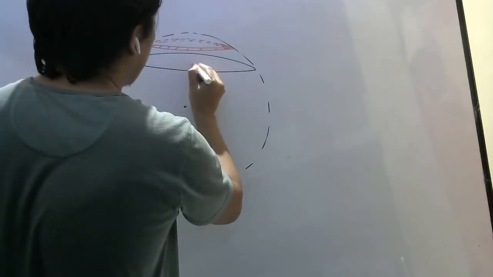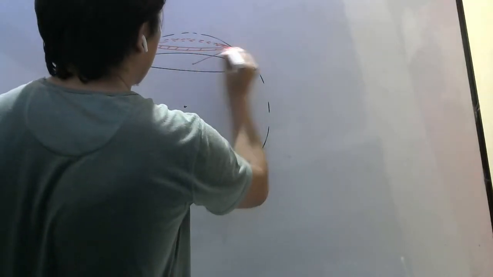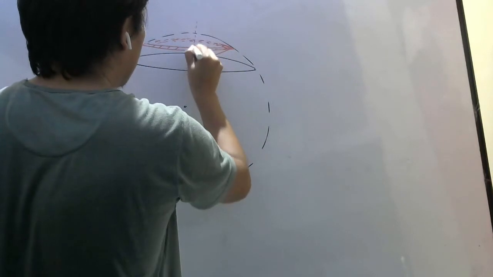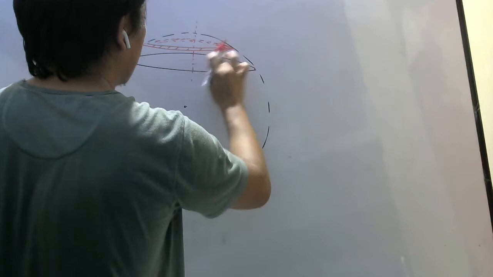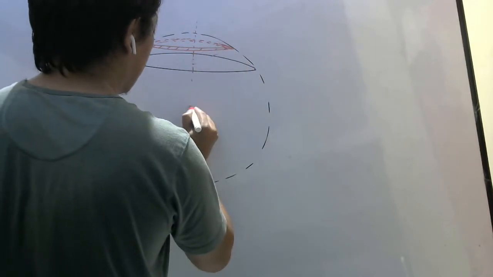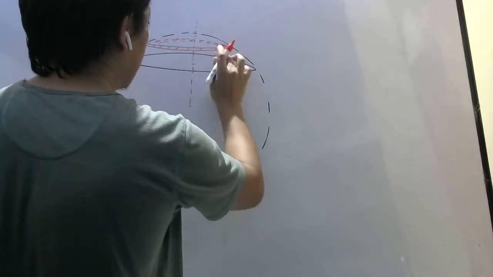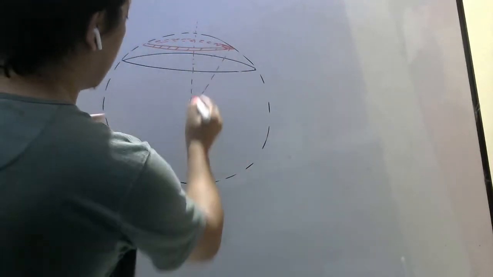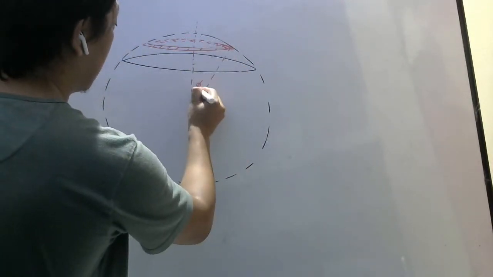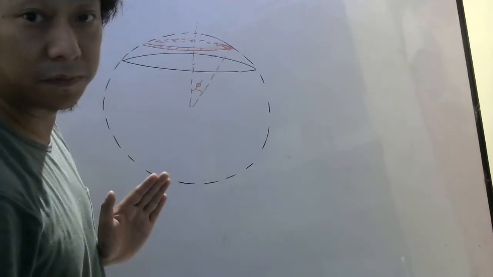So let us say this strip or this ring makes an angle phi with the vertical, because I want from the center, right?